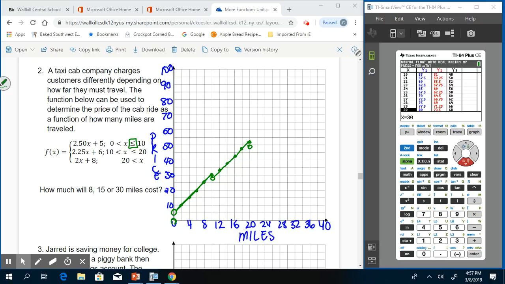Then 22 is going to be at 52. 24 is at 56. 26 is at 60. 28 is at 64. 30 is at 68.